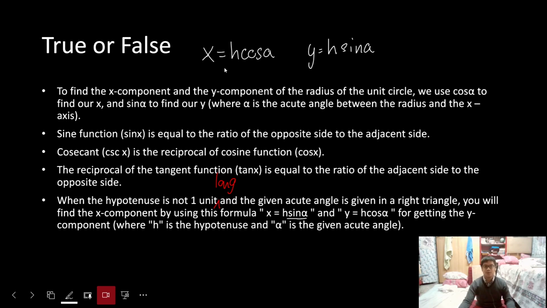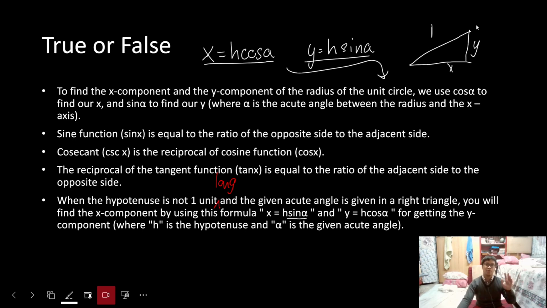Actually, we can use these two formulas in a unit circle. Remember that in a unit circle, your radius is 1 unit long, and we can get its x component and the y component. So here, we can say that your radius is the hypotenuse, so we can use this formula.